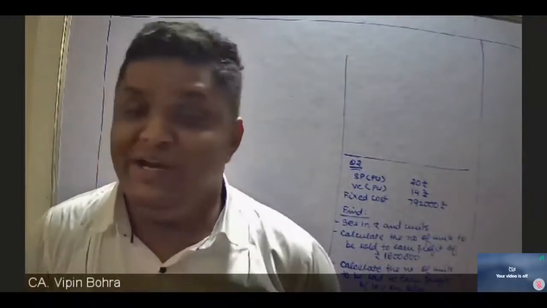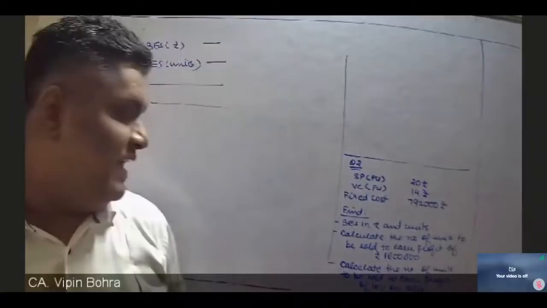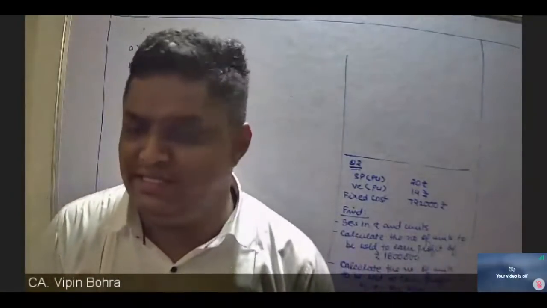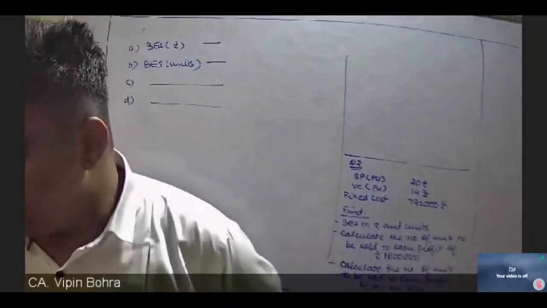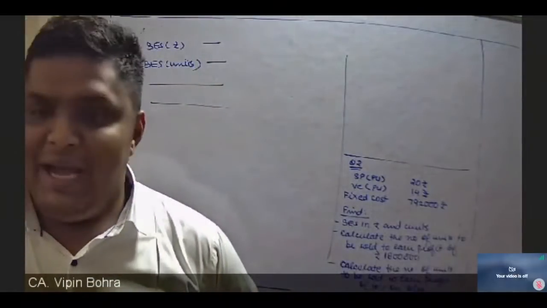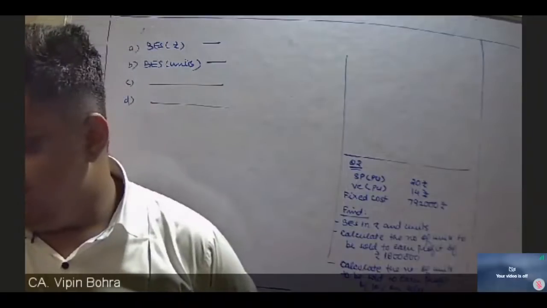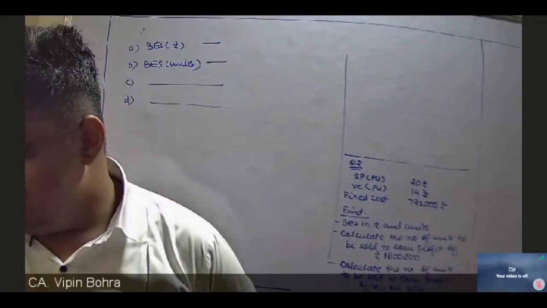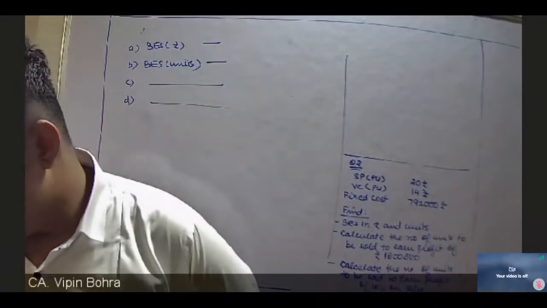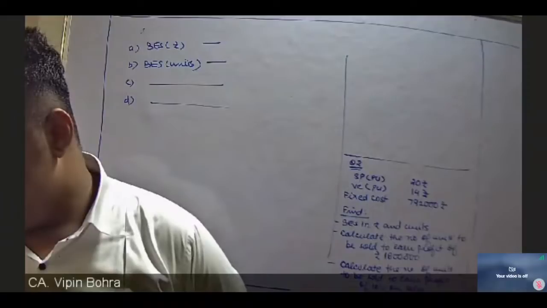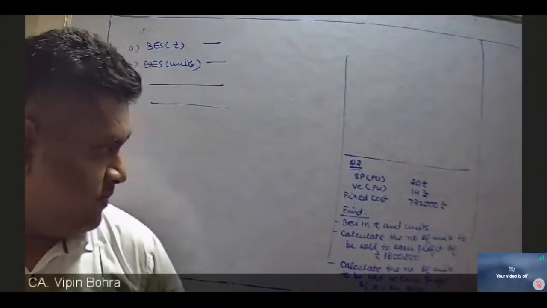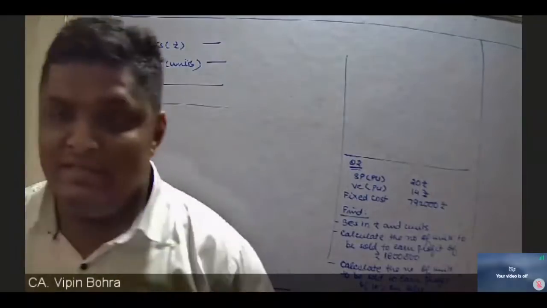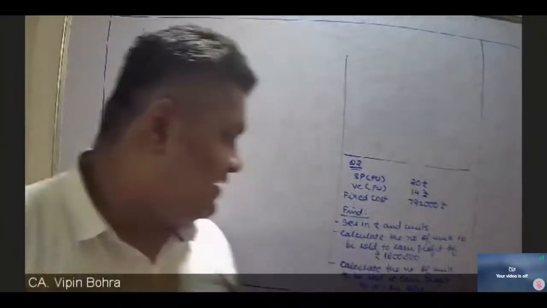I am waiting for your answer of the last part, that is the number of units to be sold to earn a profit of 10% on sales. So who is going to be the first student to solve the solution? I am waiting for your answer, guys. Still waiting for the last part answer. This part.